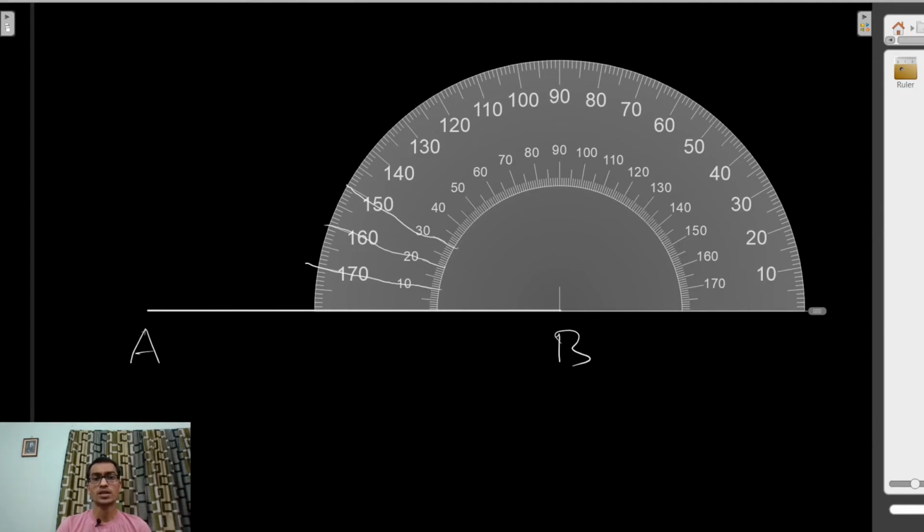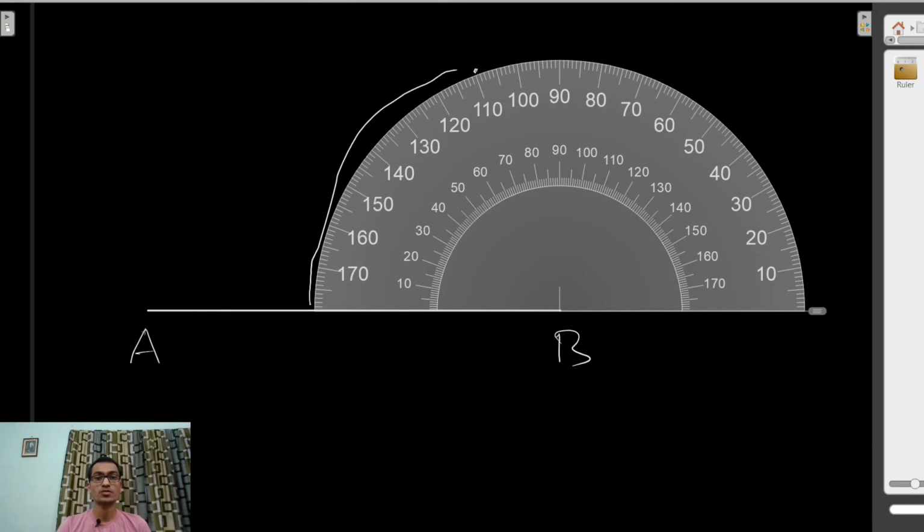But don't confuse it with 110, because it is not so. Why is it not so? Because you are counting in this way: 0, 10, 20, 30, 40, 50, 60, 70.